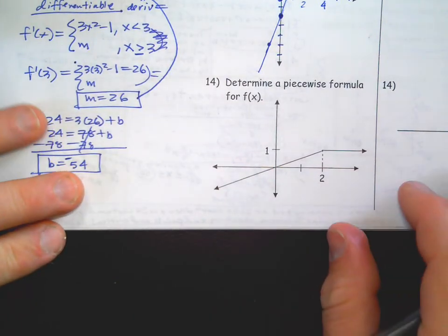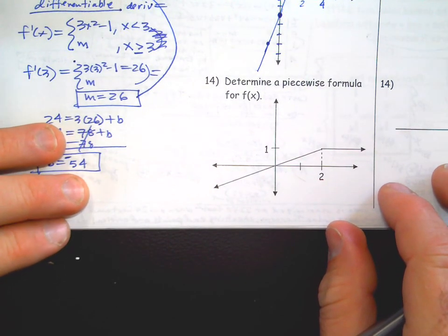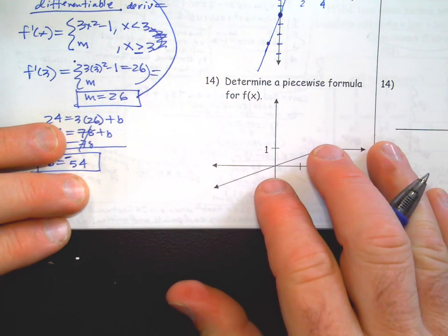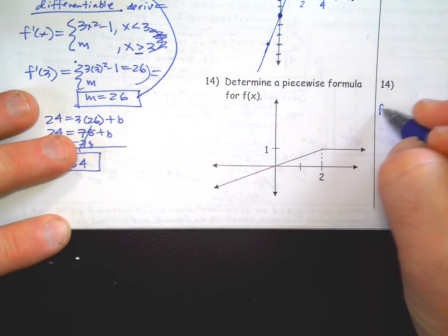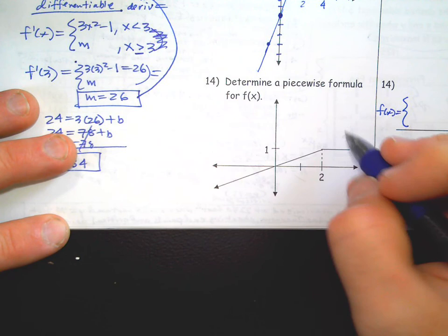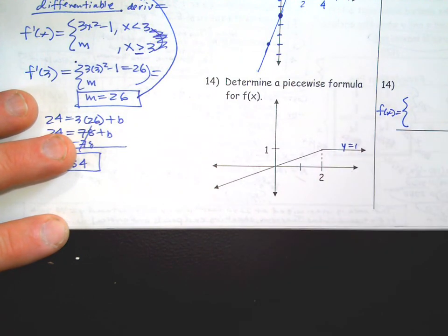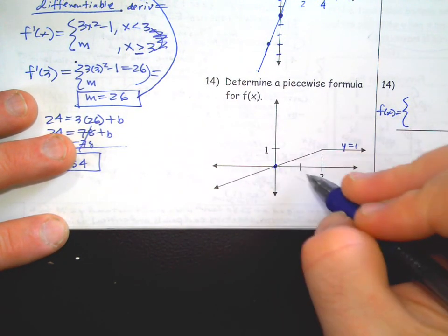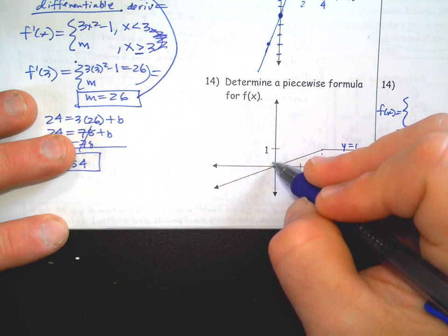Okay. Number 14, determine a piecewise formula for f of x. So we're going to try and come up with the piecewise formula for it. So we're going to do f of x equals curly brace. Now the equation of this is y equals 1. That one's kind of easy. This one is up 1 over 2.